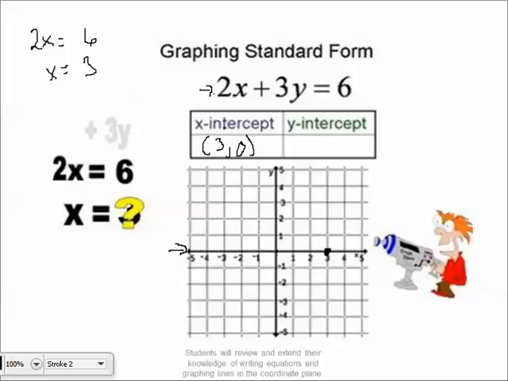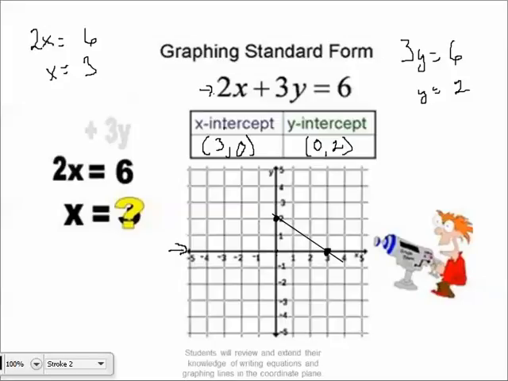If x is equal to 0, we'll get 2 times 0, which is 0. We'll get 3y equals 6. Divide by 3, y is equal to 2. So (0, 2) would be my y-intercept. Right there. I now can graph this equation in standard form by going from here to there and drawing a line. That easy.